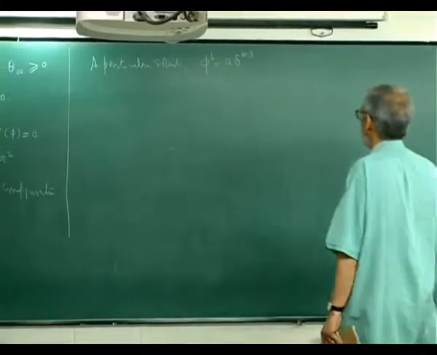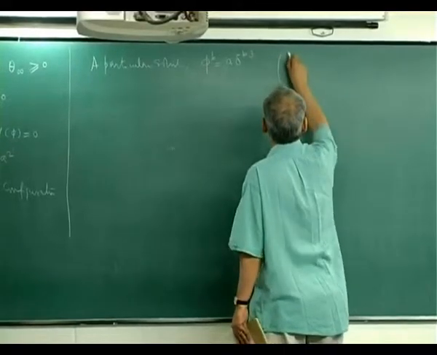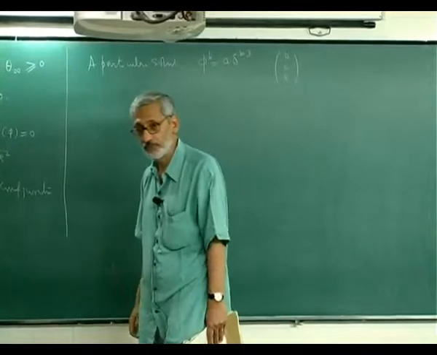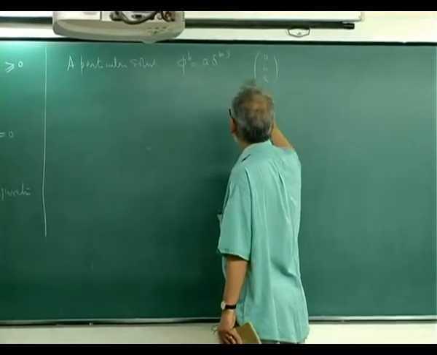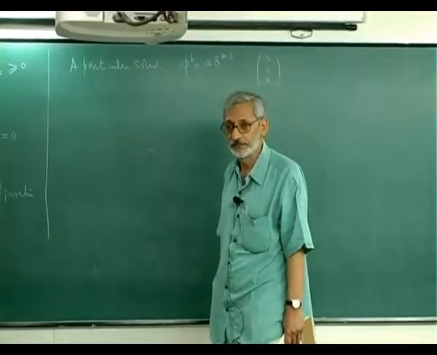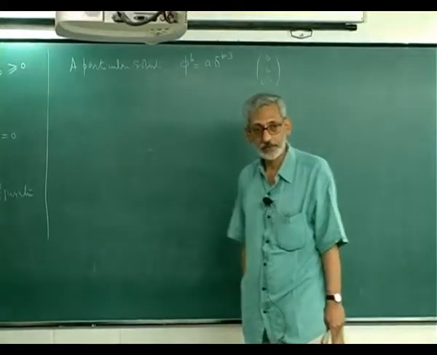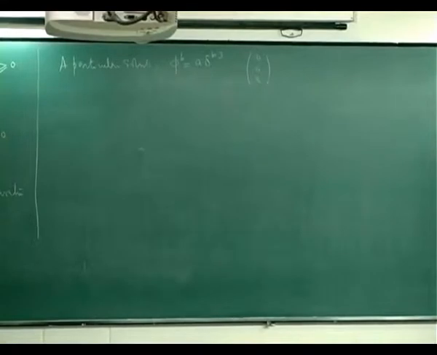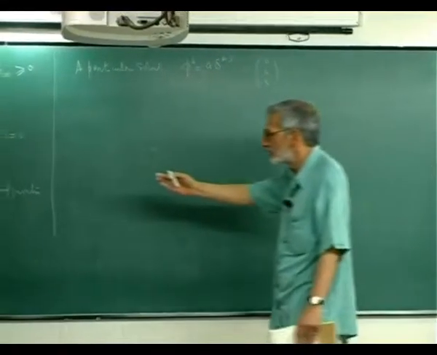If I want to write it in terms of a vector, it is 0, 0, a. There is a component value a only in the 3 direction in the internal space. That is a particular solution of this equation.